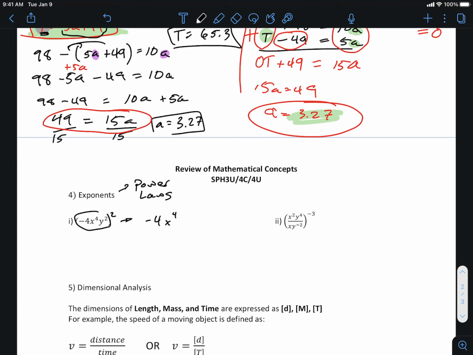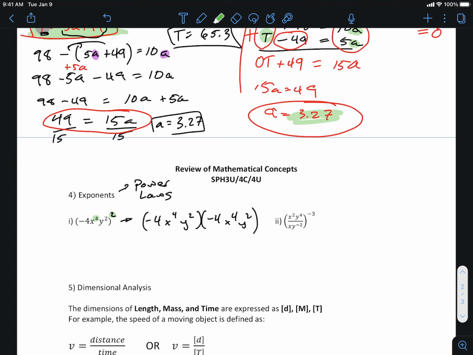So negative 4x^4 y^2 multiplied against negative 4x^4 y^2. That's what it means. Okay? This is the long way to do it. You guys have also learned some power laws. All of you should have learned power laws such that anytime you have an exponent raised to an exponent, you're going to multiply the exponents together.